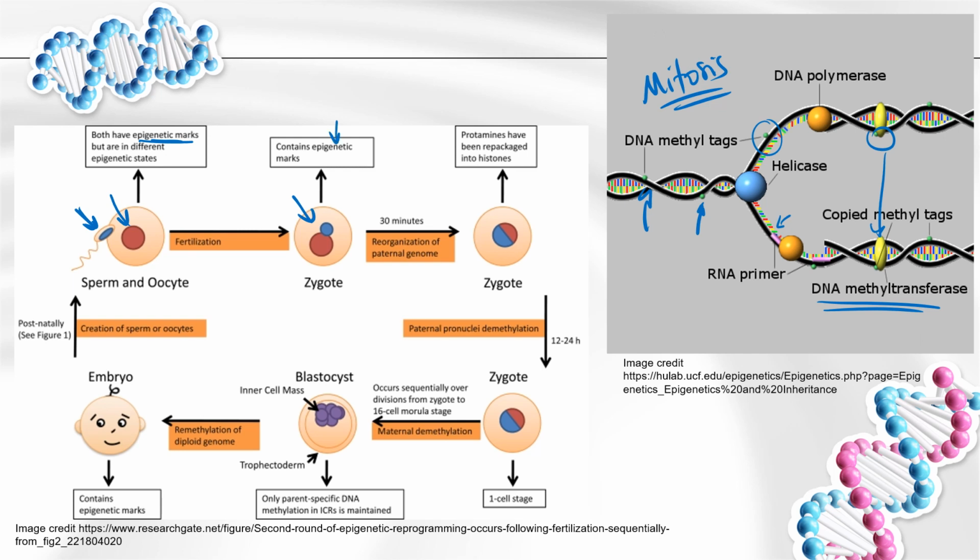But then we start to demethylate, first the paternal nuclei and then the maternal nuclei, and then we end up with kind of a fresh slate for that embryo. Only specific methylation patterns are going to be reproduced or maintained. And this works for about 99% of our methylation patterns, but there are some things that actually can be inherited.